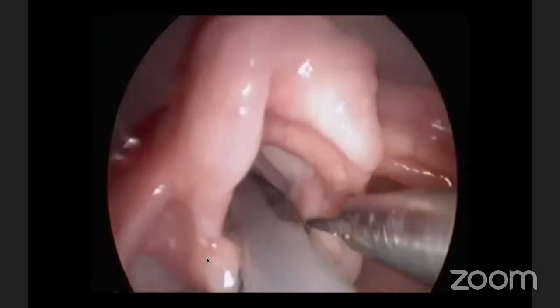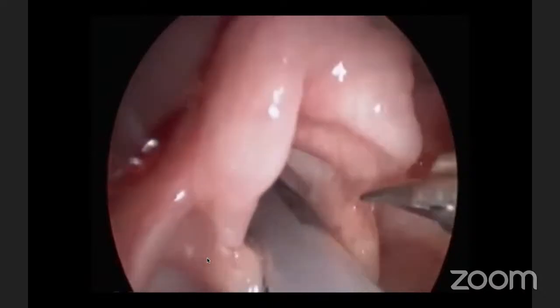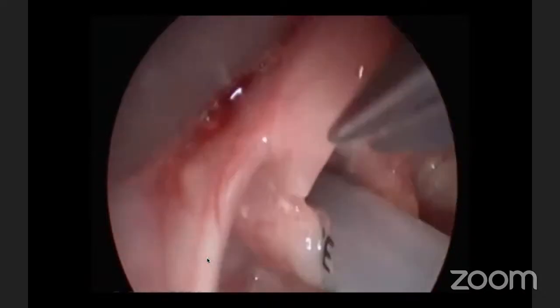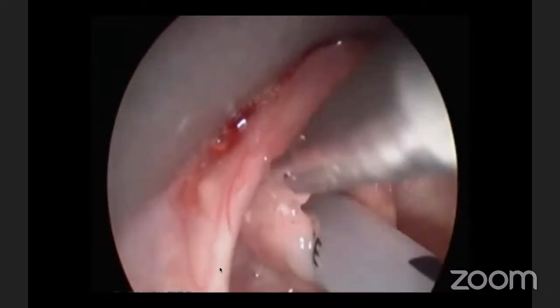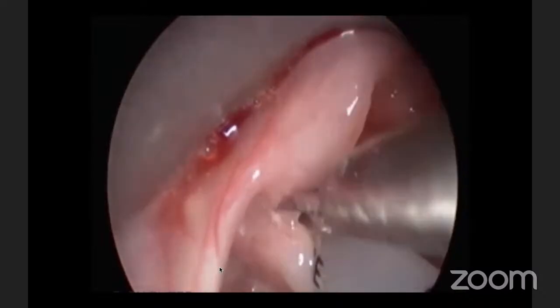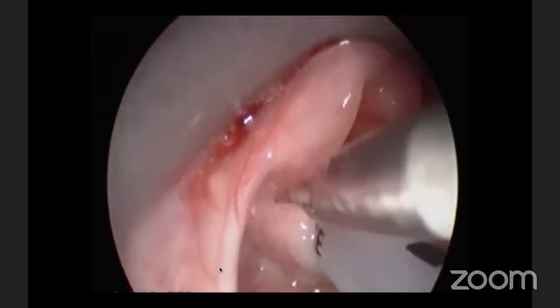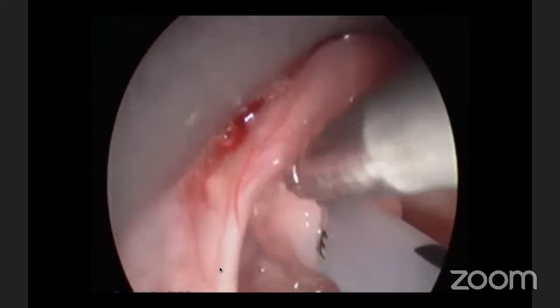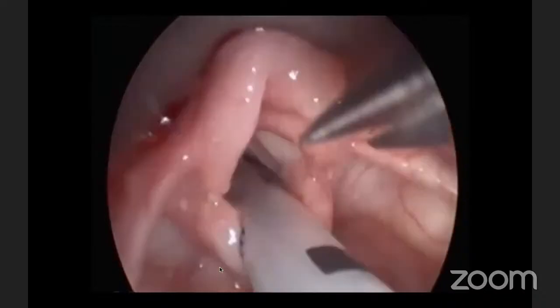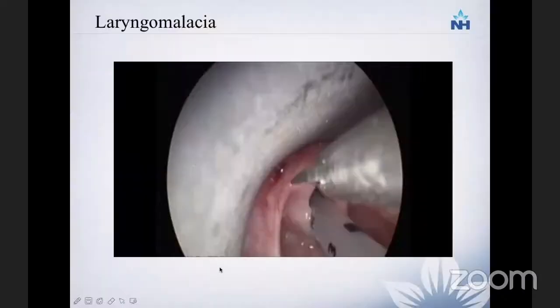These short aryepiglottic folds cause the prolapse of the epiglottis into the airway. So we just give a little cut and increase the length of the aryepiglottic fold. Basically, we are relieving the upper airway obstruction by increasing the length of the aryepiglottic fold. It is done bilaterally, on both sides, as you have seen.